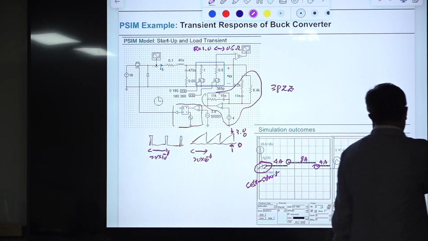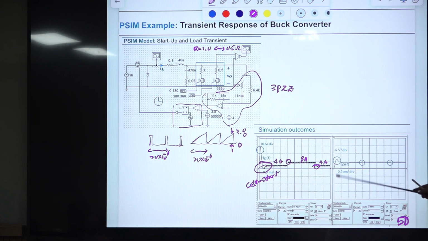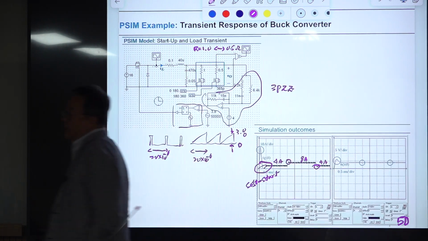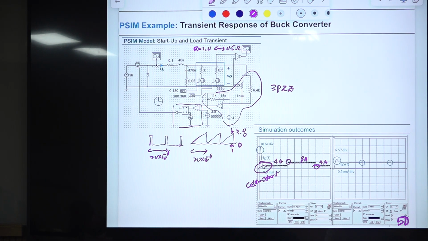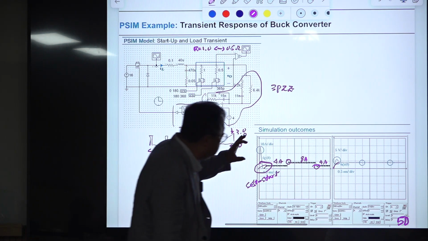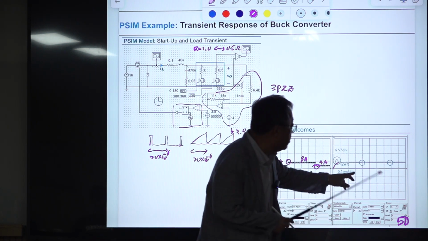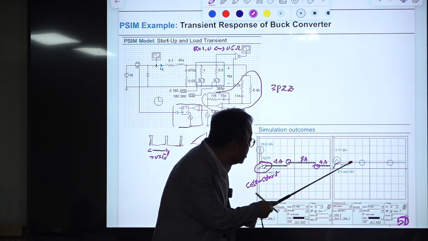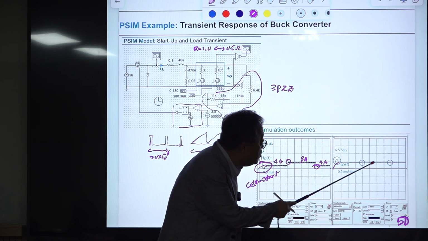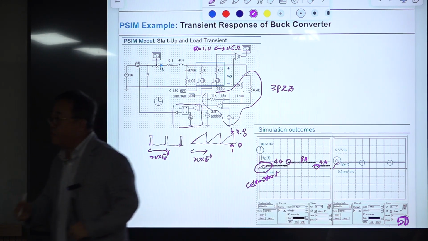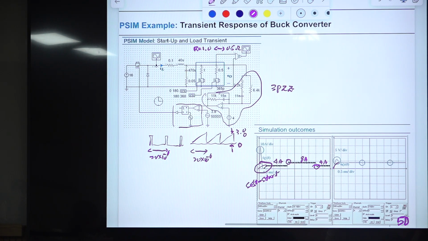The division is 5 volt, so this is the initial overshoot, which can be eliminated with the soft start scheme, something similar to this. And during this part, if you magnify and take a close look, there is some undershoot. This voltage is 4 volt and goes down a little bit, and it goes up a little bit. So this is undershoot. This is overshoot.